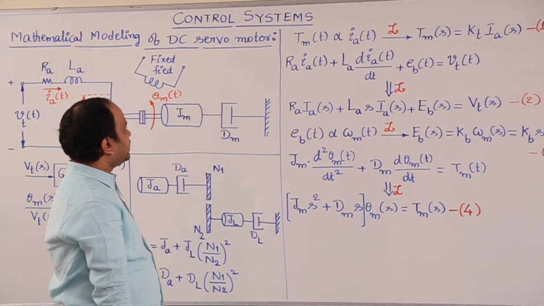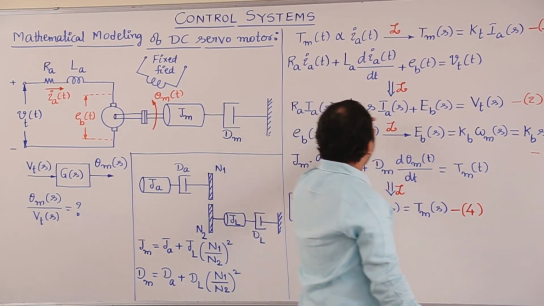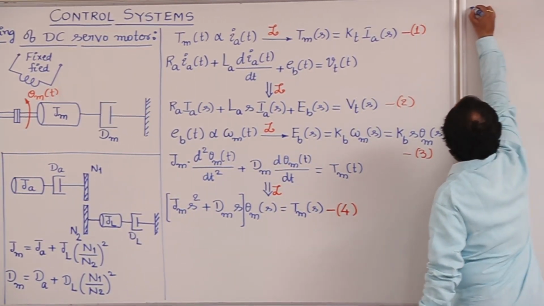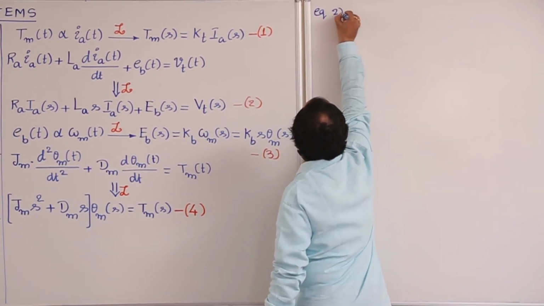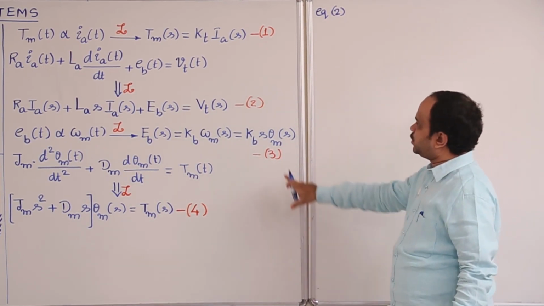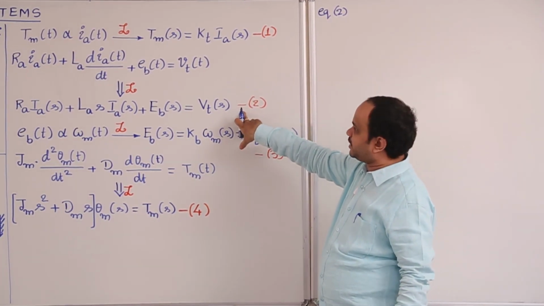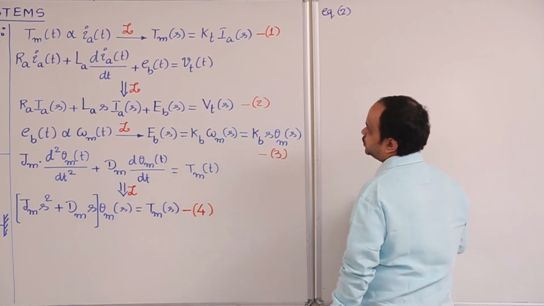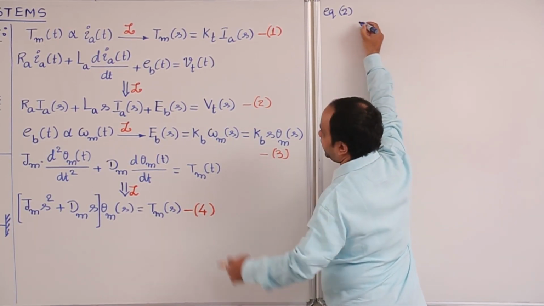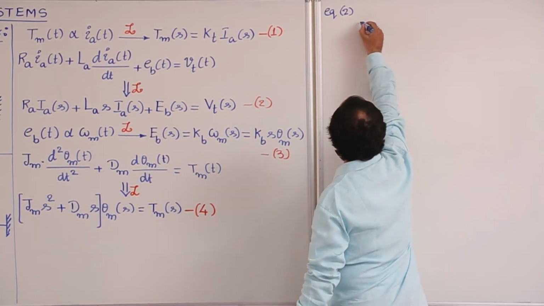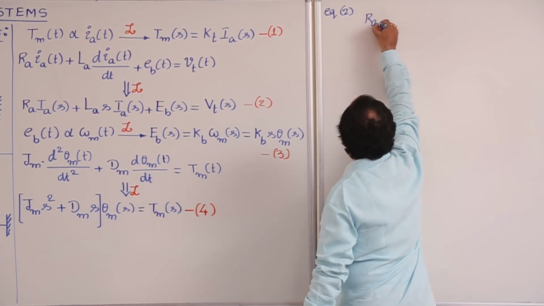Now what I can write here, let me take equation number 2 first. Equation number 2, follow carefully. In equation number 2, I can take the Ia term common. Therefore, what I will get?